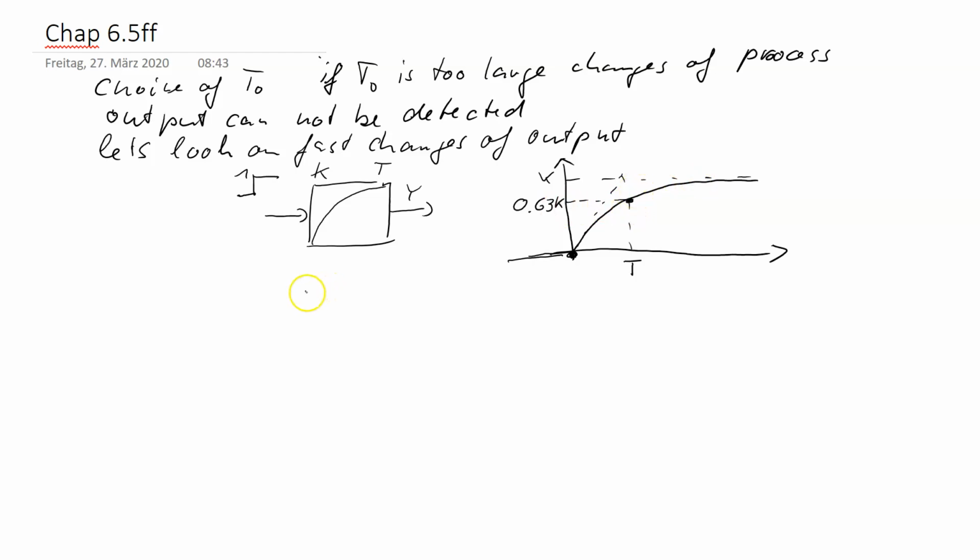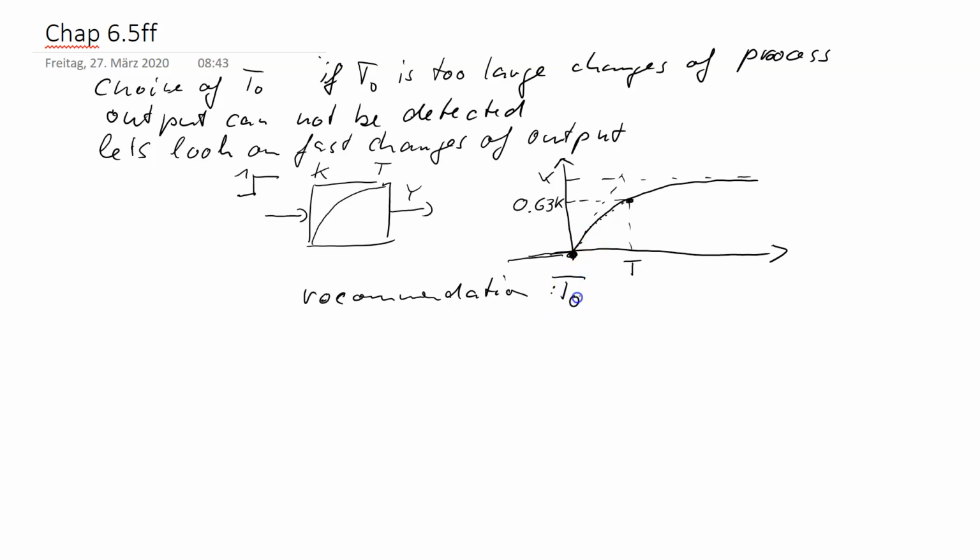So a recommendation or an upper limit is: take the process time constant as a measure, and a good rule of thumb says, if you cover this step response with 10 points, then this is a good fast system, you can react fast enough.